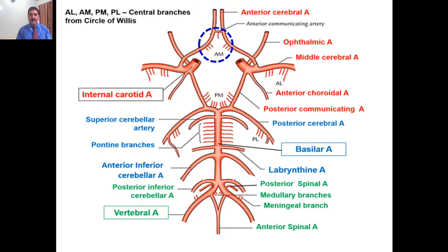As shown in this diagram, we have anteromedial branches from the anterior communicating and anterior cerebral artery. Posteriorly, we have posteromedial branches from the posterior cerebral and posterior communicating artery, and we have paired branches anterolaterally, and paired branches from the middle cerebral artery.